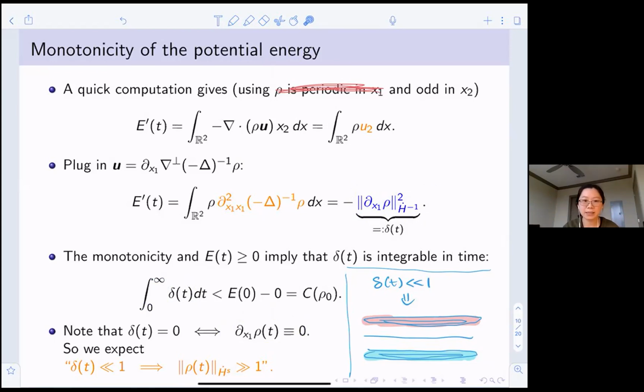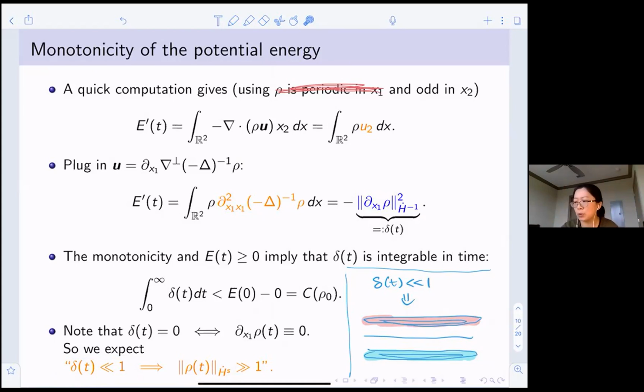So formally we would expect that, suppose at some moment delta is not exactly 0, but it is a tiny number, then this can only happen if the density is extremely stretched out in the horizontal direction, right? And if it is extremely stretched out in the horizontal direction, then in the vertical direction we should be having some very rapid change.